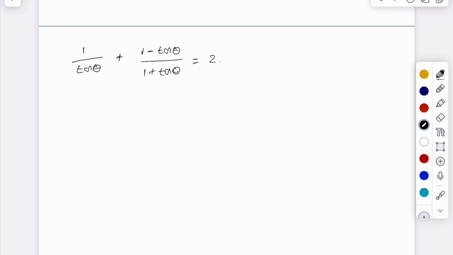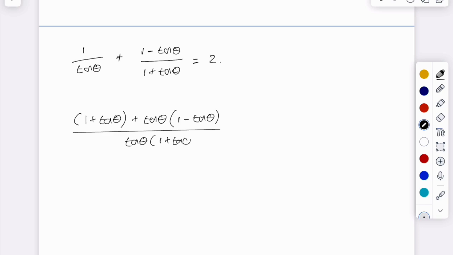So therefore, we get 1 plus tan theta, okay, plus tan theta 1 minus tan theta over tan theta 1 plus tan theta equals 2, right?